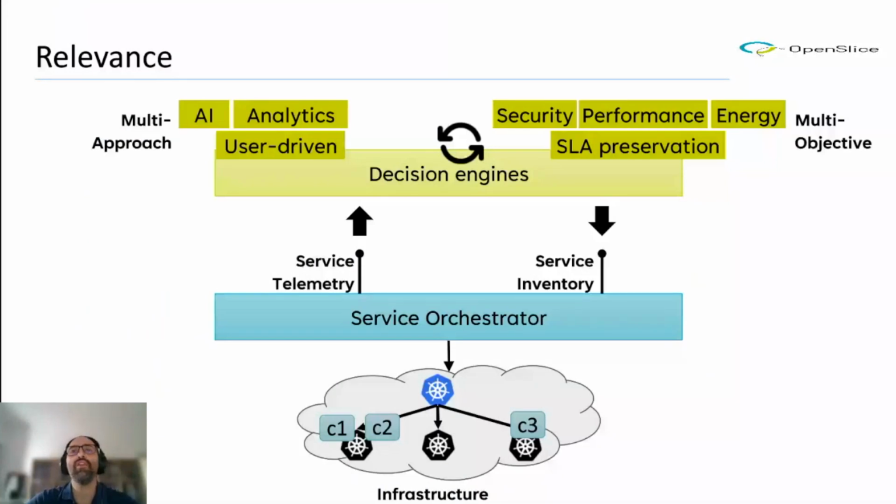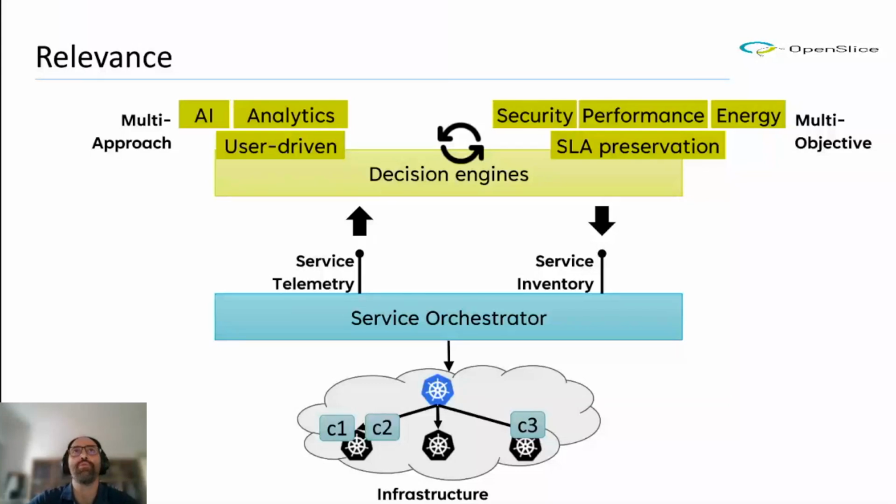So the relevance here is that somebody orders a service via the service inventory, then it goes live, and via suitable service telemetry, it exposes data back to AI analytics and user-driven decision engines. There might be heavy traffic or a cyber attack.